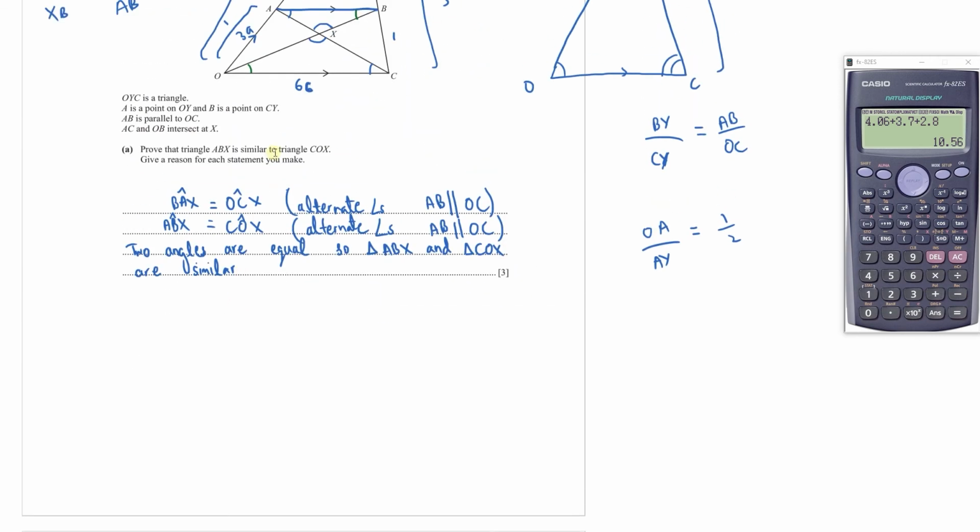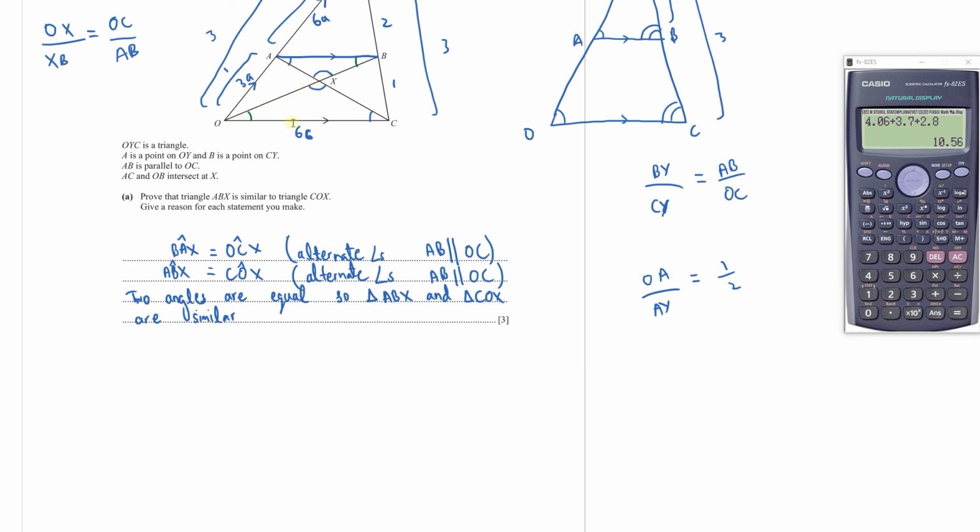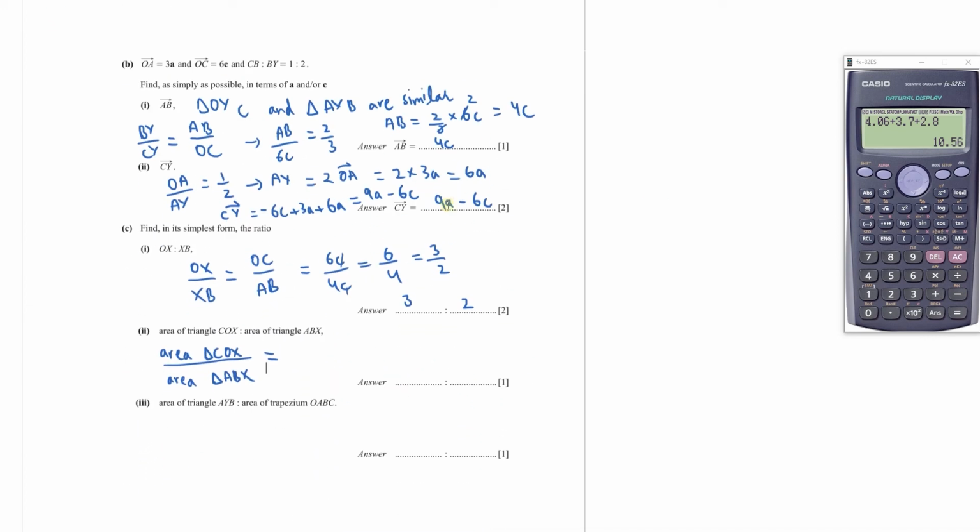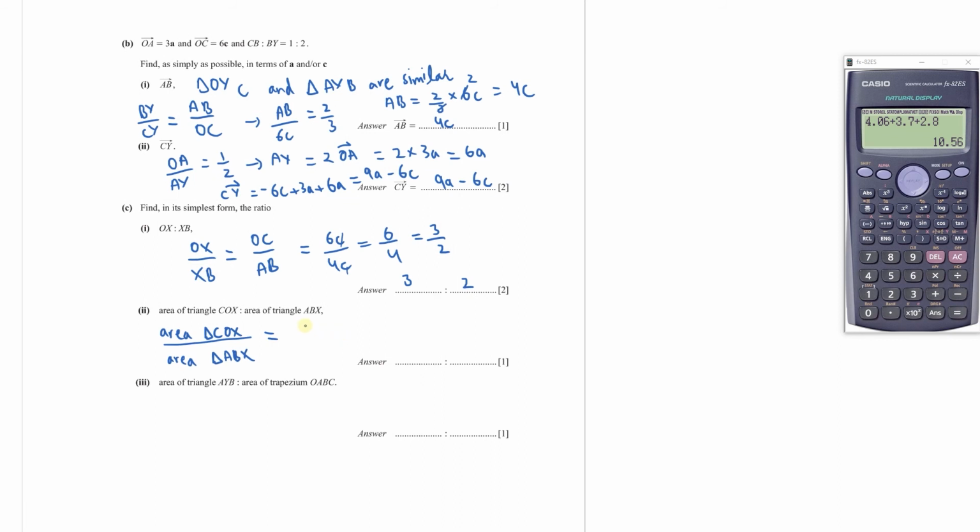OX is the length in this triangle COX and XB is the length in this triangle ABX. So we already know the ratio of these sides is 3 over 2, which we calculated in the previous part, and then you have to take the square of this ratio. This will give you the ratio of their areas. So this will be 9 over 4. So the ratio will be 9 ratio 4.